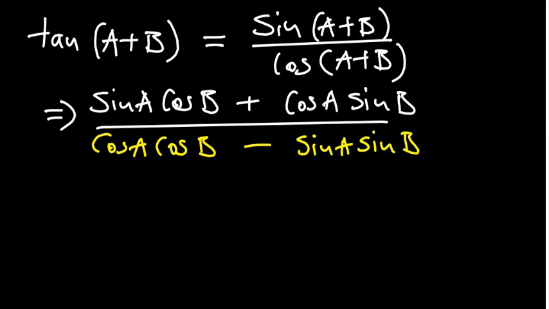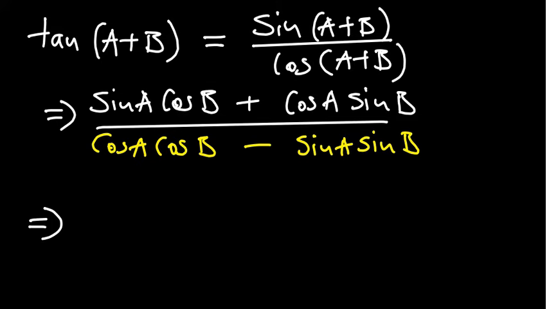So applying the very concept of knowing that tan is the same as sine over cosine, we'll basically get to divide the entire expression we have. Both the numerator and the denominator will be divided by cosine of A cosine of B, every part, to simplify it.